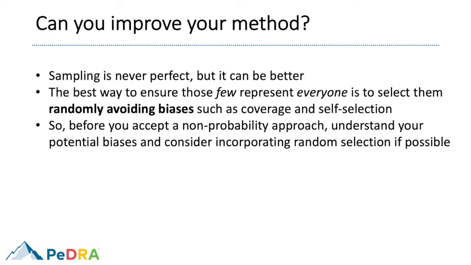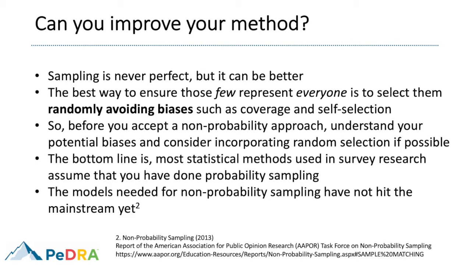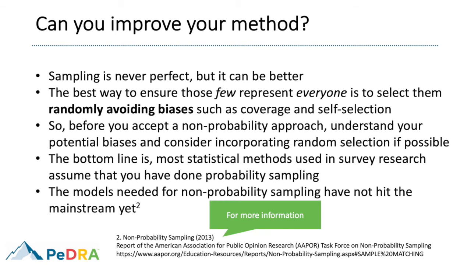So before you accept a non-probability approach, understand your potential biases and consider incorporating random selection if possible. The bottom line is most statistical methods used in survey research assume that you have done probability sampling. The models needed for non-probability sampling have not hit the mainstream yet. For more information on this topic, I recommend this 2013 report from the American Association for Public Opinion Research.